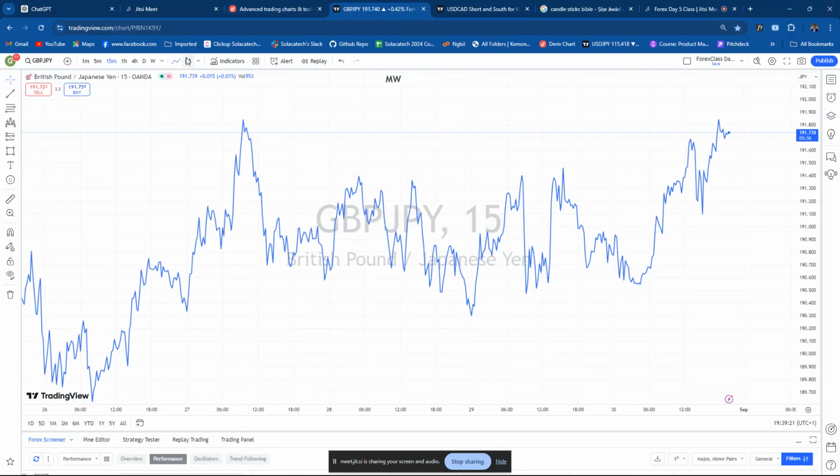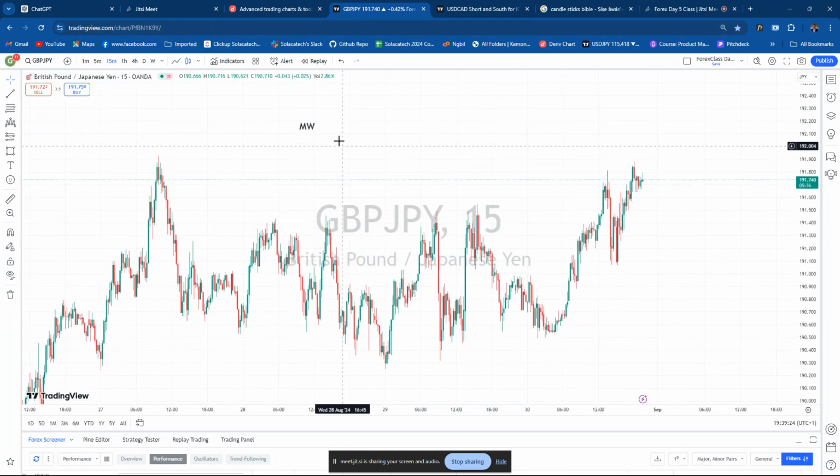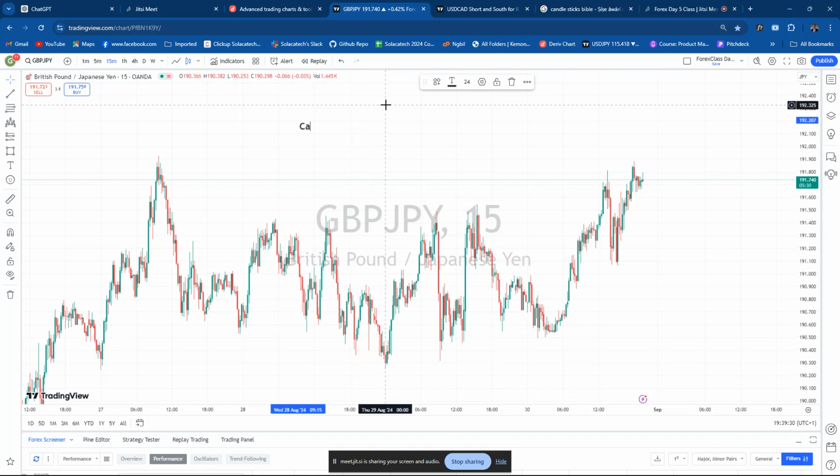We will continue this tomorrow, but just note the following. For today's class, we have learnt about candlesticks. We've learnt about, what else? About patterns. And of those patterns we looked at head and shoulder.